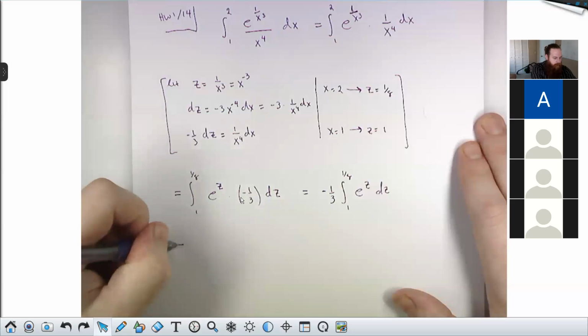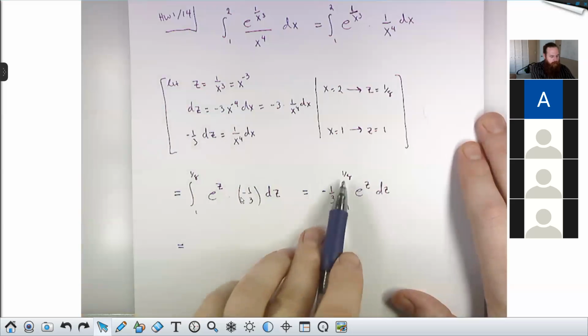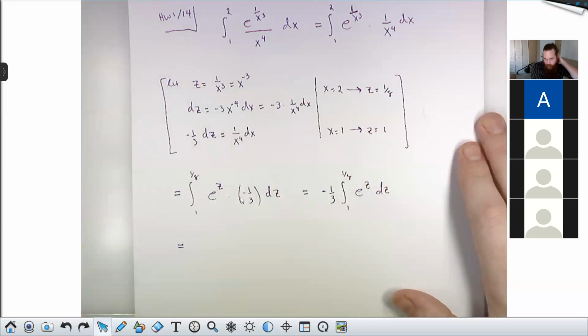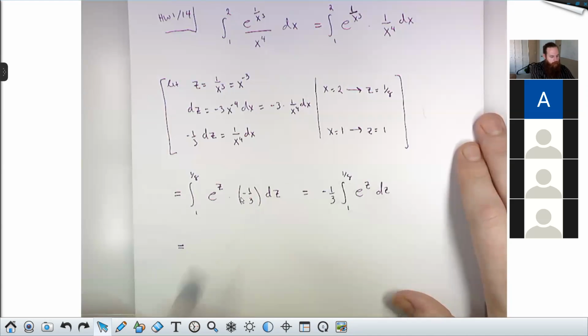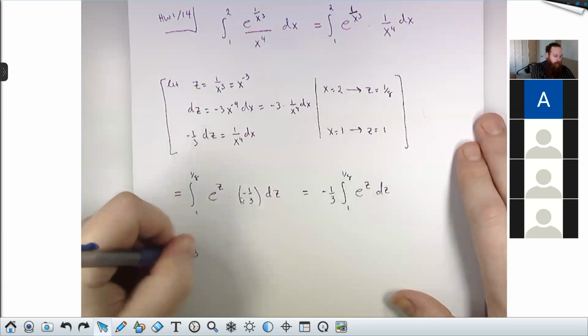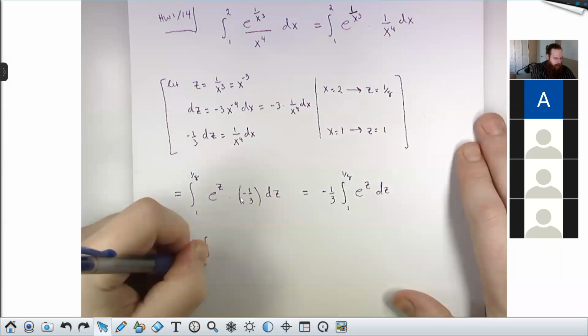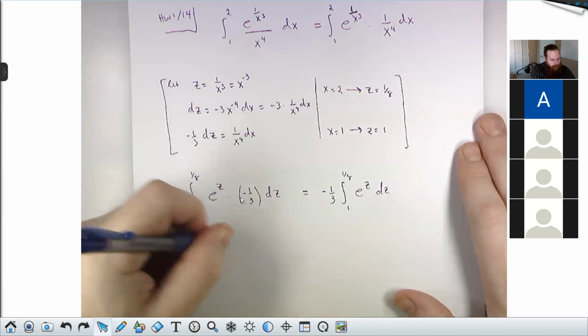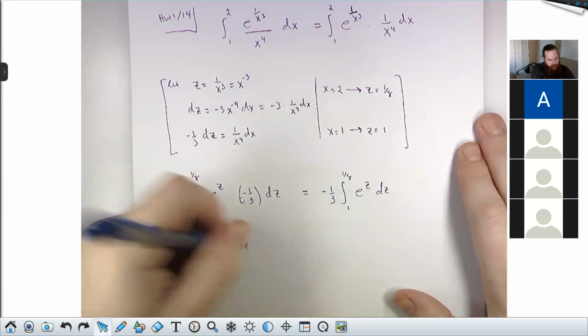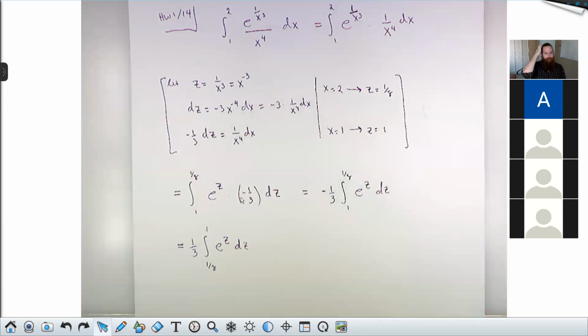And then this kind of unsatisfying thing where the larger number should be upstairs, we can fix that by using this negative. If I absorb this negative, these guys flip over. So that will be positive 1/3, integral from 1/8 to 1, e to the z dz. And now we're in good shape.